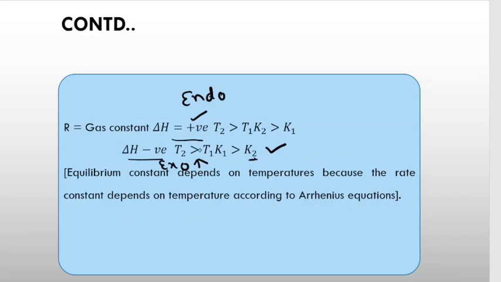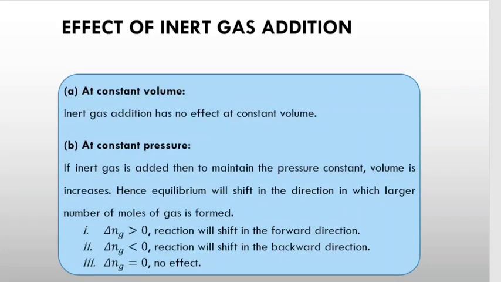Here the equilibrium constant depends on temperature because the rate constant depends on the temperature according to the Arrhenius equation. And whenever we add some inert gas to the equilibrium at constant volume, there is no change or effect on the equilibrium.